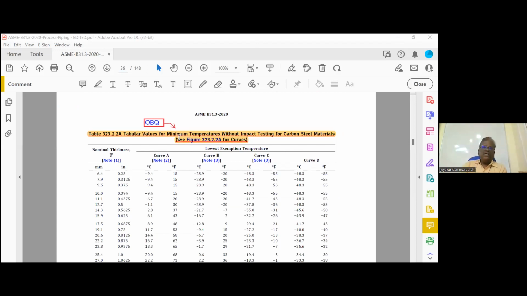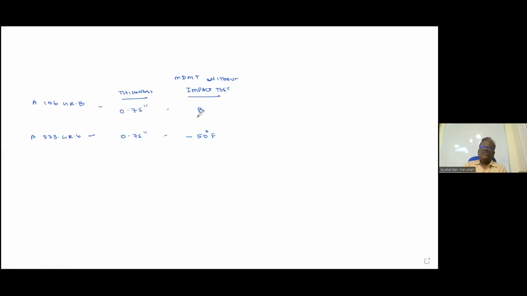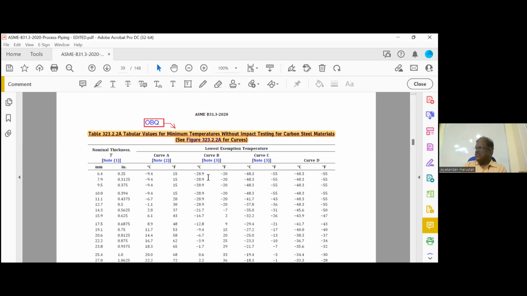The heading of this table is minimum temperature without impact testing of carbon steel material. So mark it, as it is open book. What is our thickness? 0.75 inch. What is the curve we have taken? Curve B. Just find the temperature from this table, 0.75 curve B.